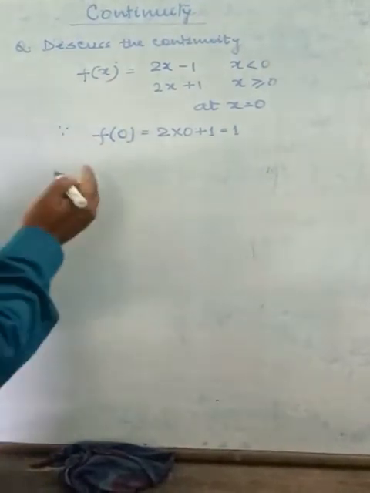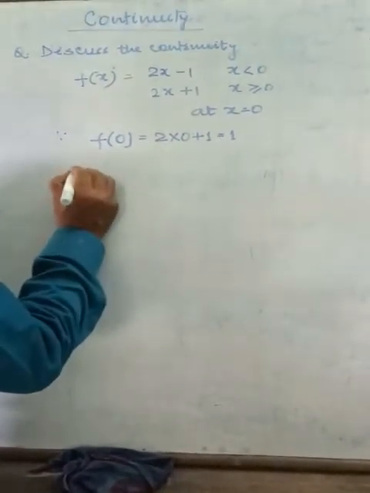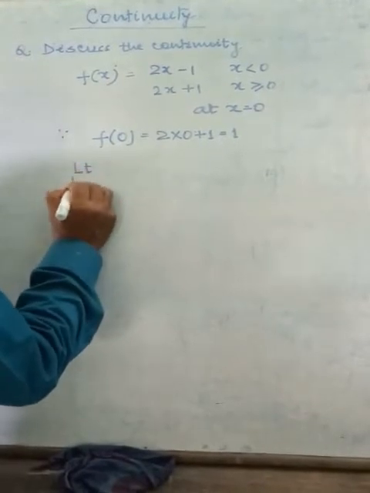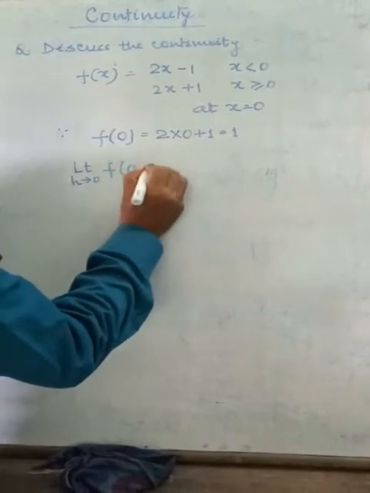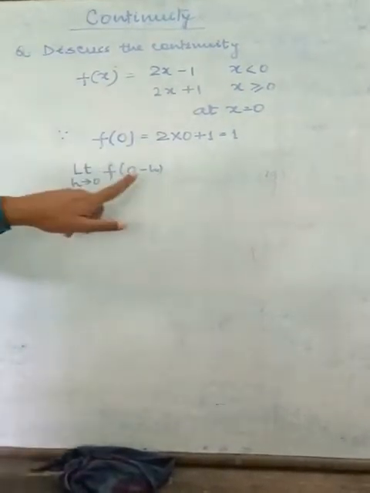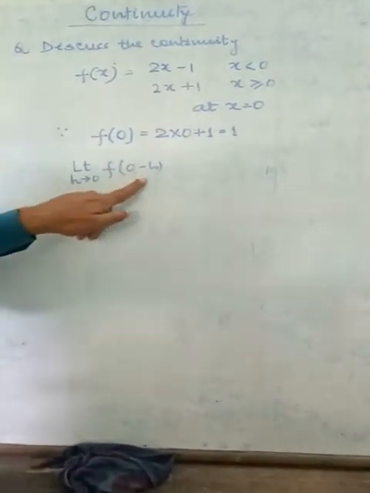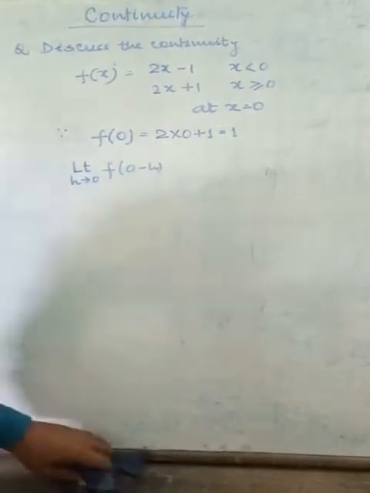Next, calculate the left hand limit. That means limit h tending to 0, f(0 minus h). Obviously 0 minus h is less than 0.